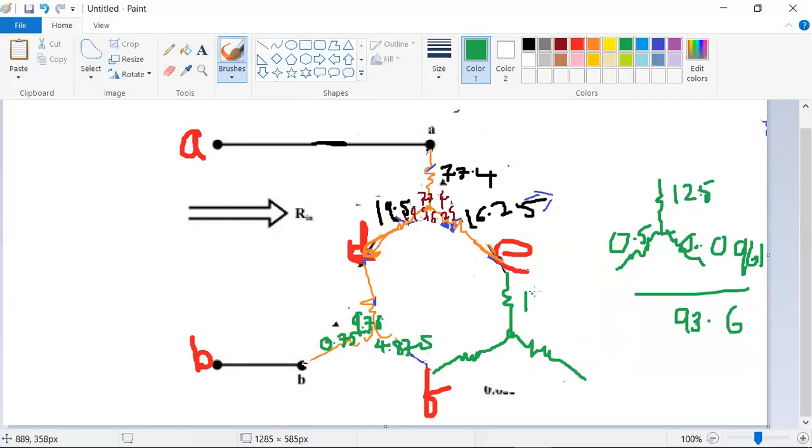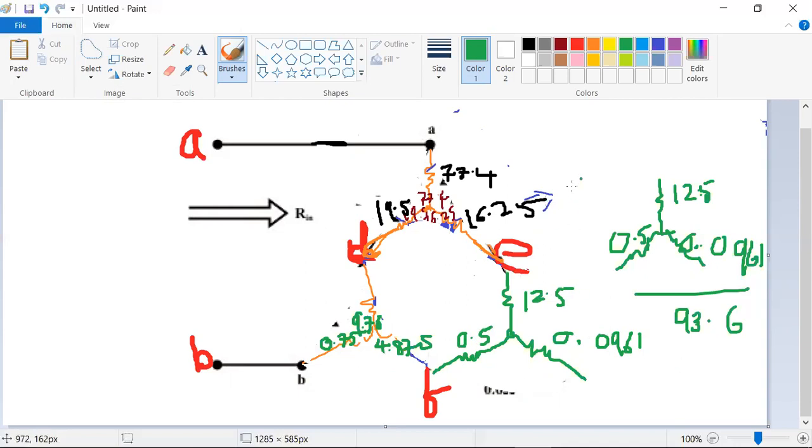This is 12.5. This is 0.0961. What about this? This is 0.5.